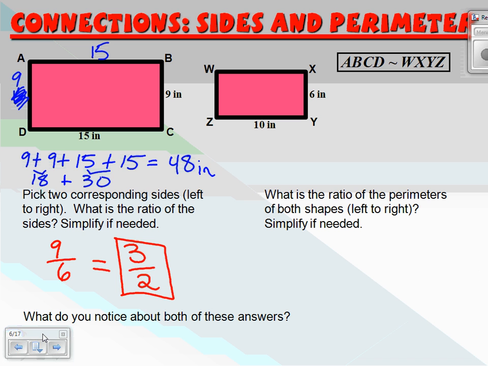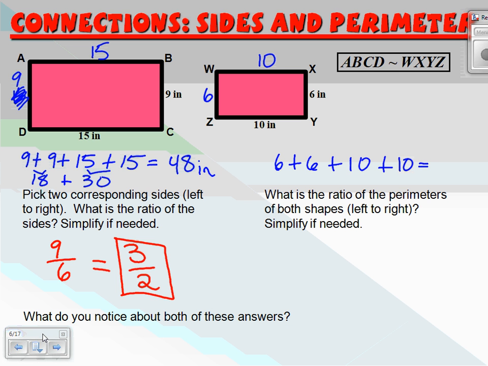So let's go to the right-hand shape. Let's find the perimeter of this shape. The left side should be 6. The top should be 10. Let's add everything together. 6 plus 6 plus 10 plus 10.